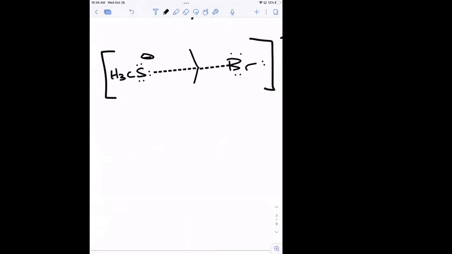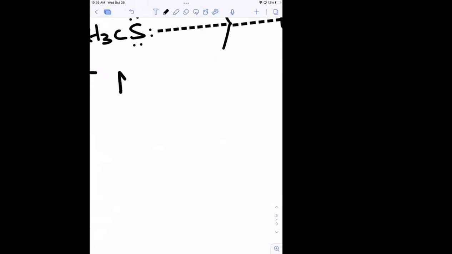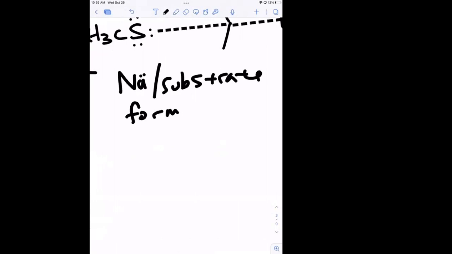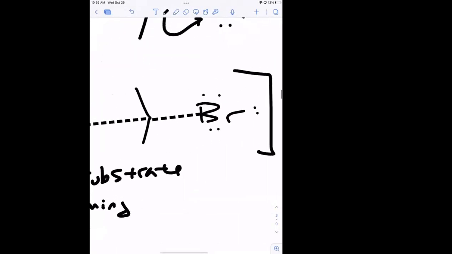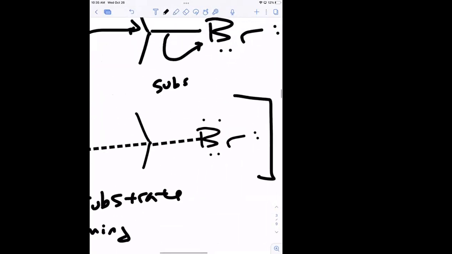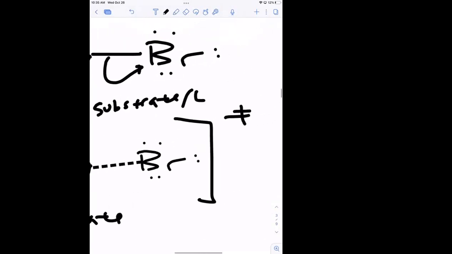A forming bond between the nucleophile and the substrate, and a breaking bond between the substrate and the leaving group.